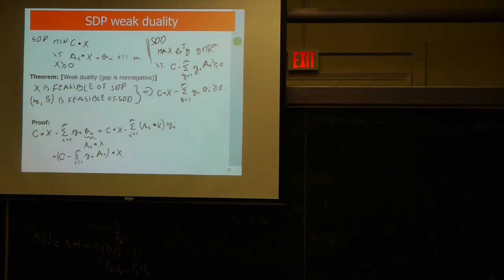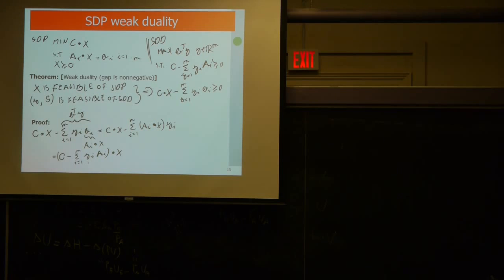B is a vector, bi is its ith component. So B is an m-dimensional vector, bi is a scalar. So this is B transpose y. Okay, someone please finish the proof.